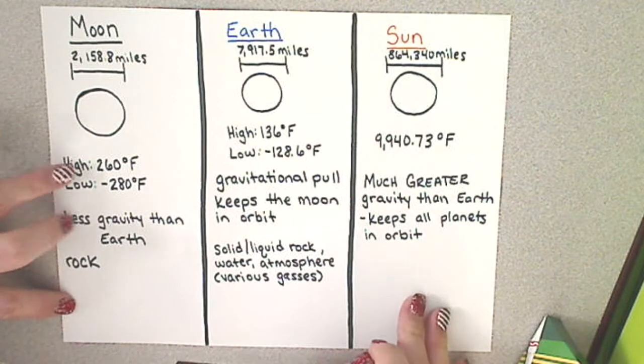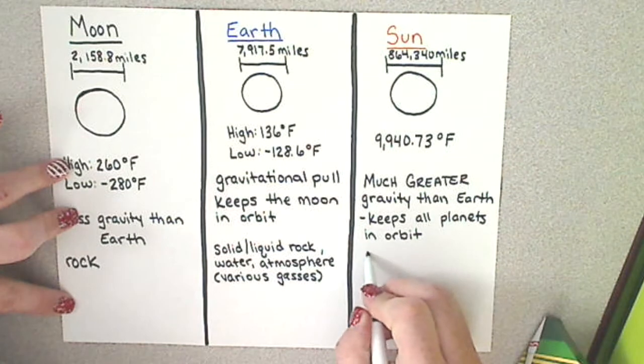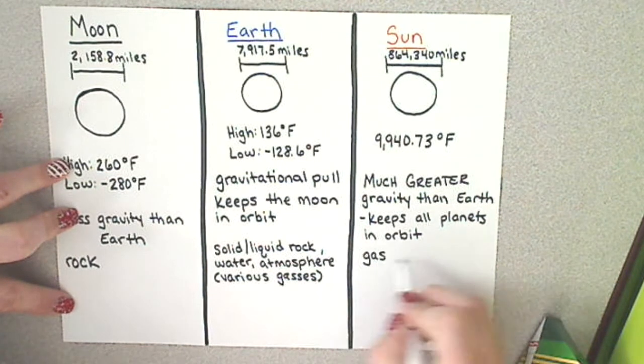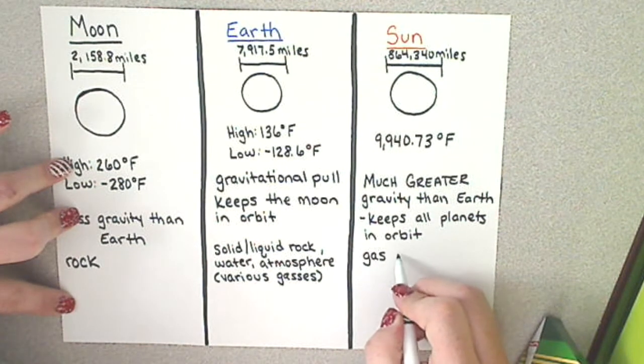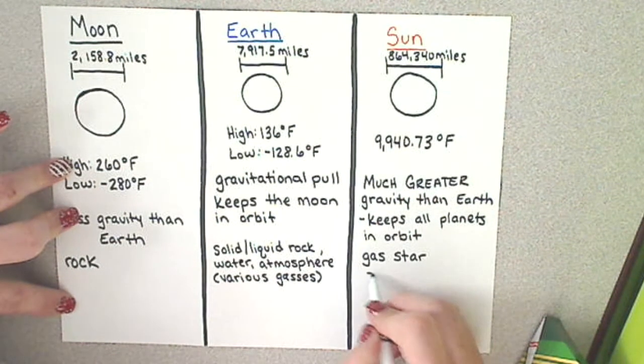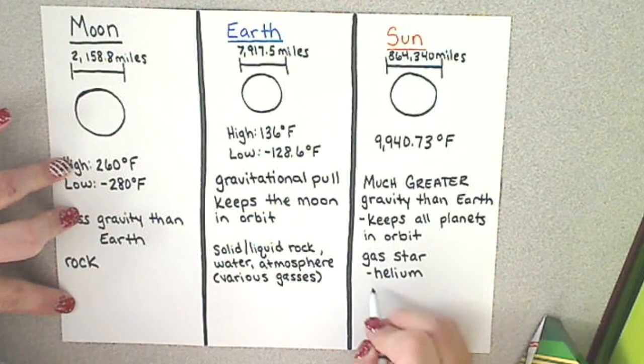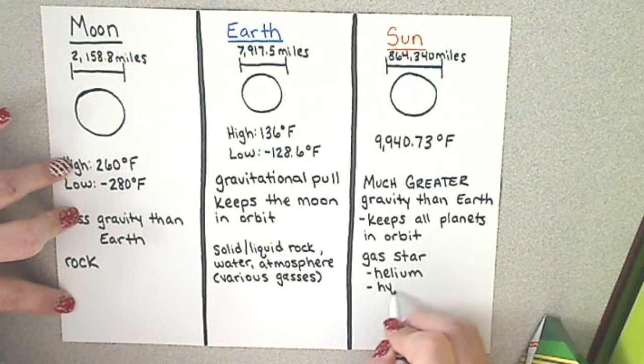And then the sun is a gas planet, or a gas star made of helium and hydrogen.